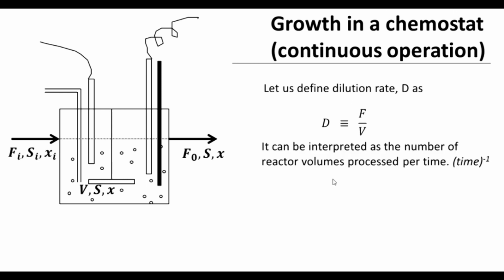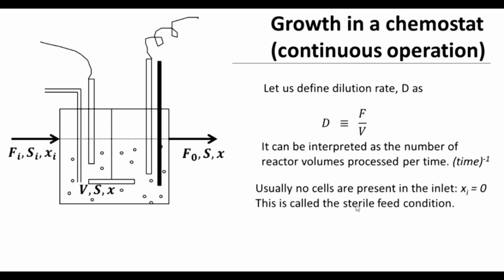If you visualize it that way, the dilution rate can be interpreted as the number of reactor volumes processed per unit time. So, it needs to have a unit of time inverse. Just think about it a little bit, see whether you are comfortable with the interpretation of number of reactor volumes processed per time.